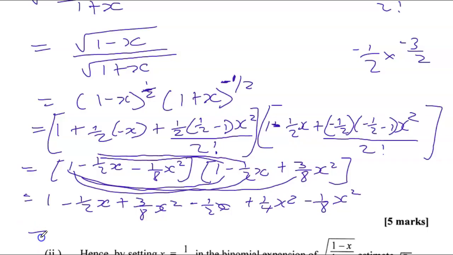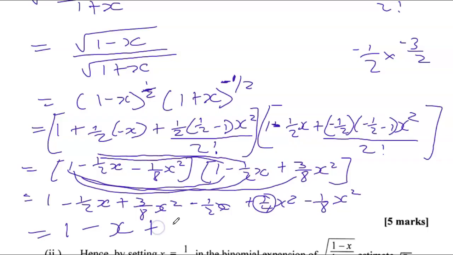So let's group the like terms now. We have 1, minus half x, minus half x, that's minus x. Group the x squared terms. There's 3/8 and this 3/8, plus a quarter, which is 2/8, so that's 5/8, minus 1/8, that's 4/8, same thing as half.